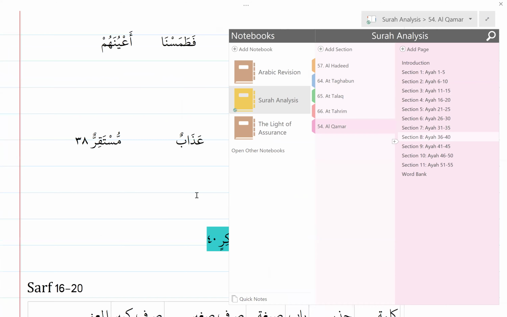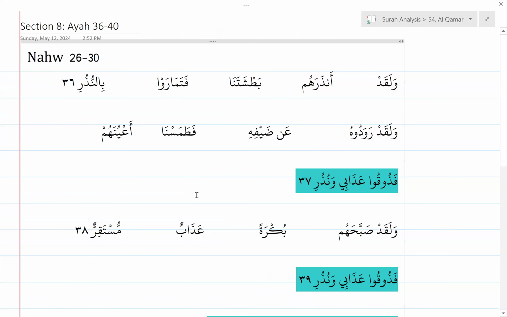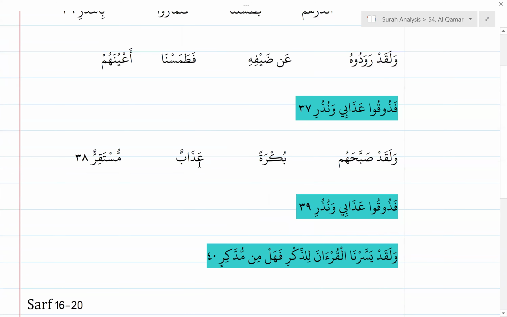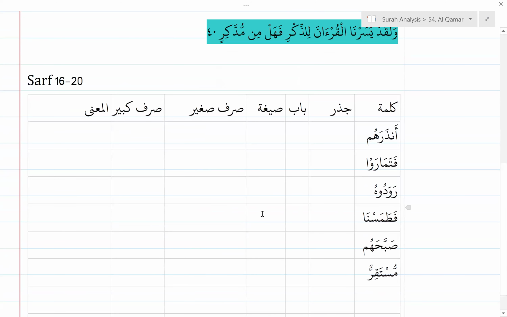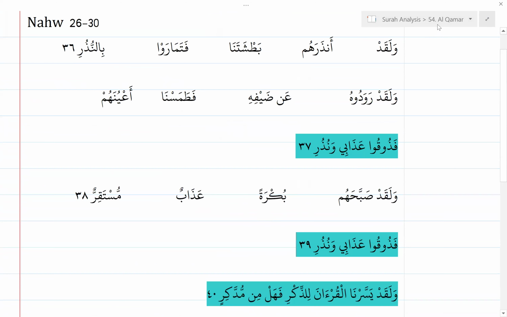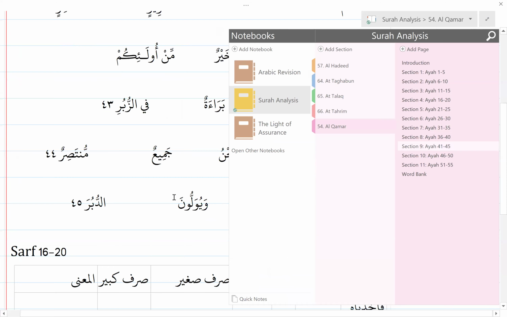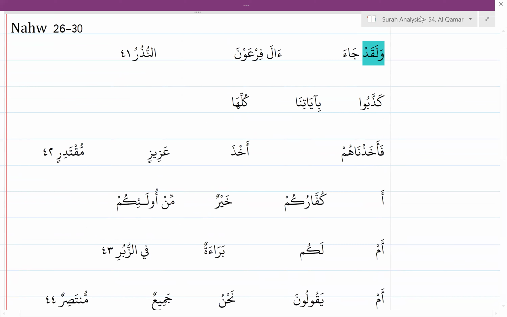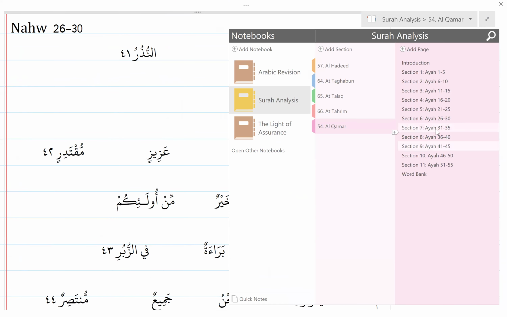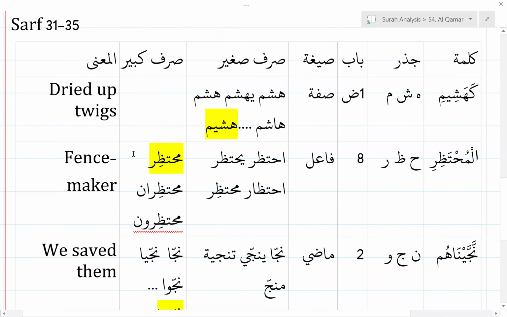And then the grammar would continue off. Although next week there's quite a bit that we have done, because you can see it's very repetitive. And also the sarf is not a lot. So we might do two portions next week together. Oh, maybe not. We'll see how far we go. But alhamdulillah, so far so good.